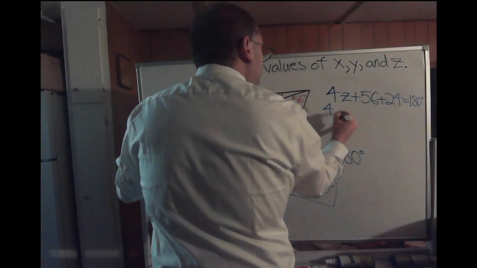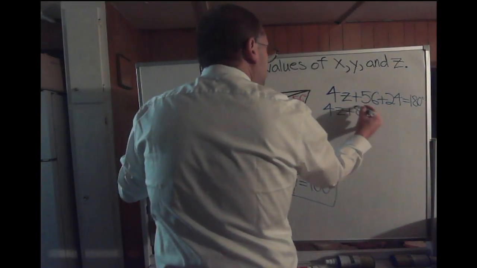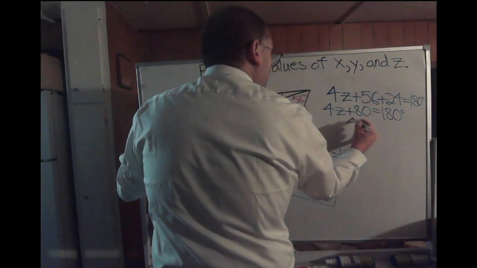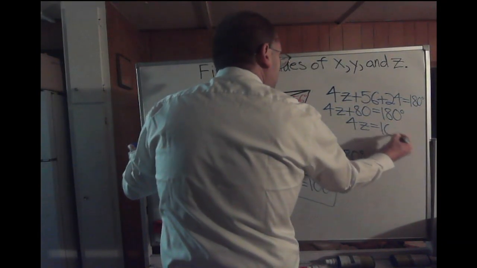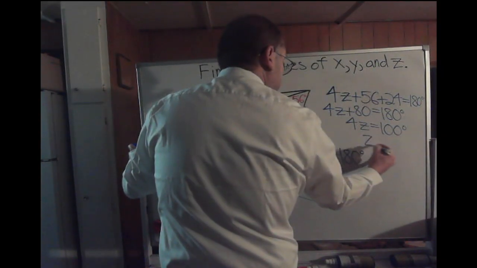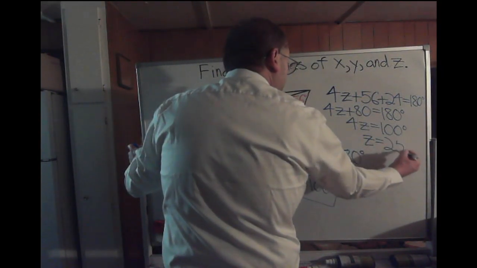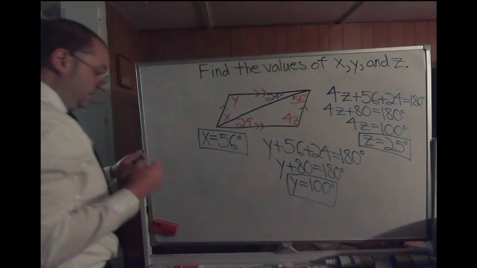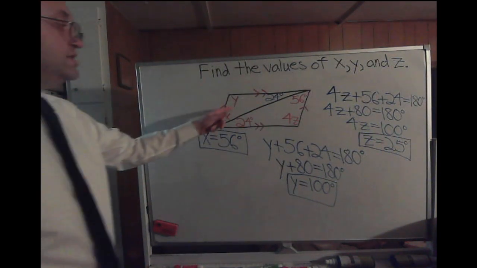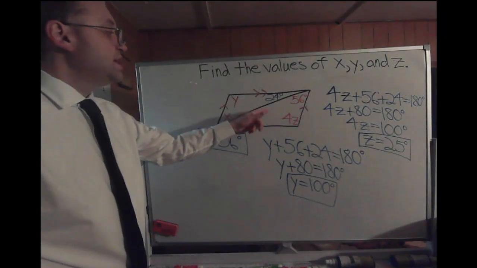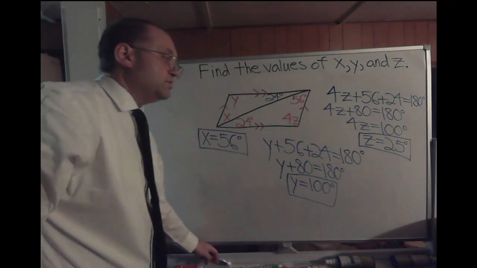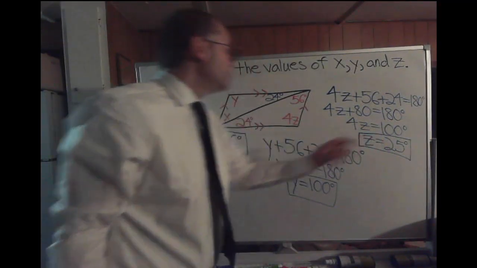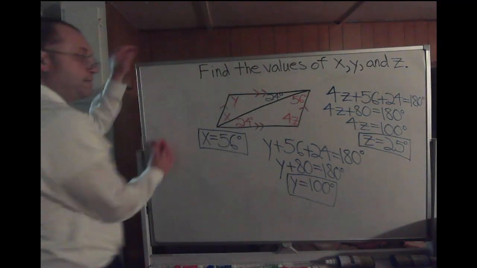That means we get 4z plus 80 equals 180 degrees, which means 4z equals 100 degrees, which then means that z equals 25 degrees. So it really did come in handy to know about alternate interior angles and same side interior angles. So we got x at 56, y at 100, z at 25. That's what you should get.